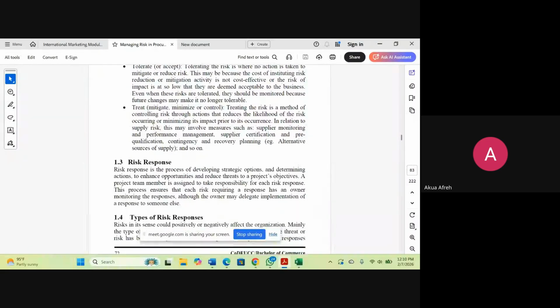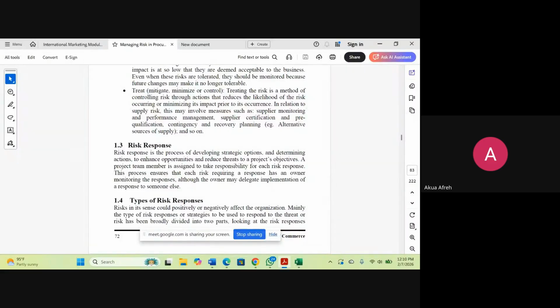Then the treat aspect, we are saying that you are trying to control the risk through actions that reduce the likelihood and reduce the impact before it occurs.